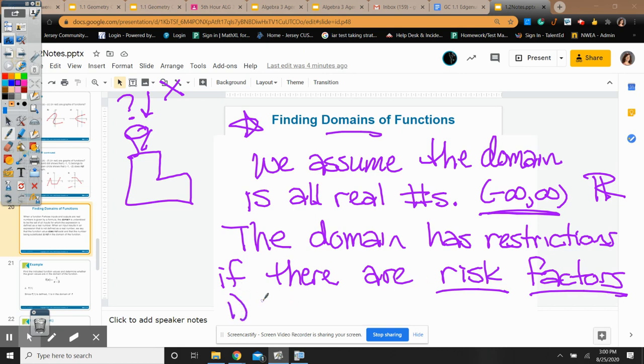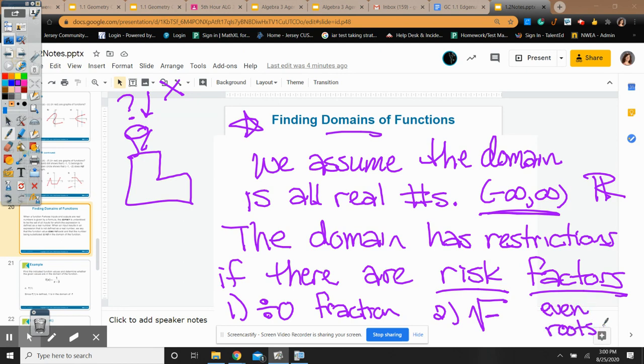Number one is dividing by zero, or fractions. If the equation has a fraction in it, there is a risk factor because you cannot divide by zero. The only other risk factor that you will experience a lot this year is a square root of a negative. You cannot have a square root of a negative because that would be imaginary. So you're looking for even roots, which will most of the time just be square roots. You cannot have a negative underneath there.